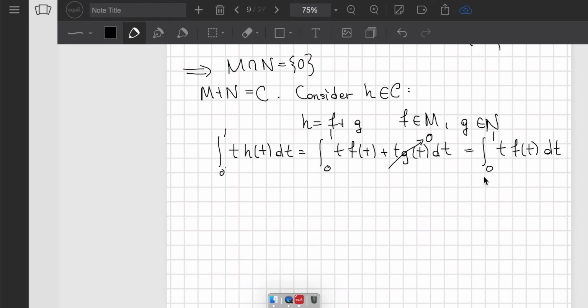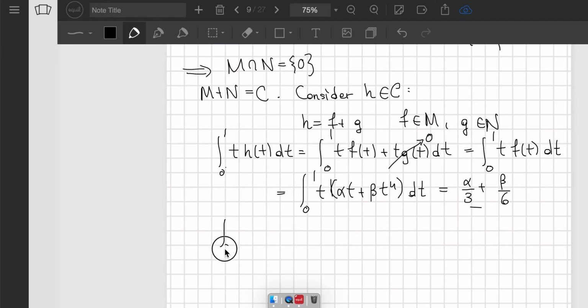Okay, that's good, because we know what f(t) is, right? f(t) is simply just alpha t plus beta t to the fourth. And so this is equal to, we calculated it earlier, alpha thirds plus beta sixths. So the integral from 0 to 1 of t h(t) dt must be equal to this value right here.